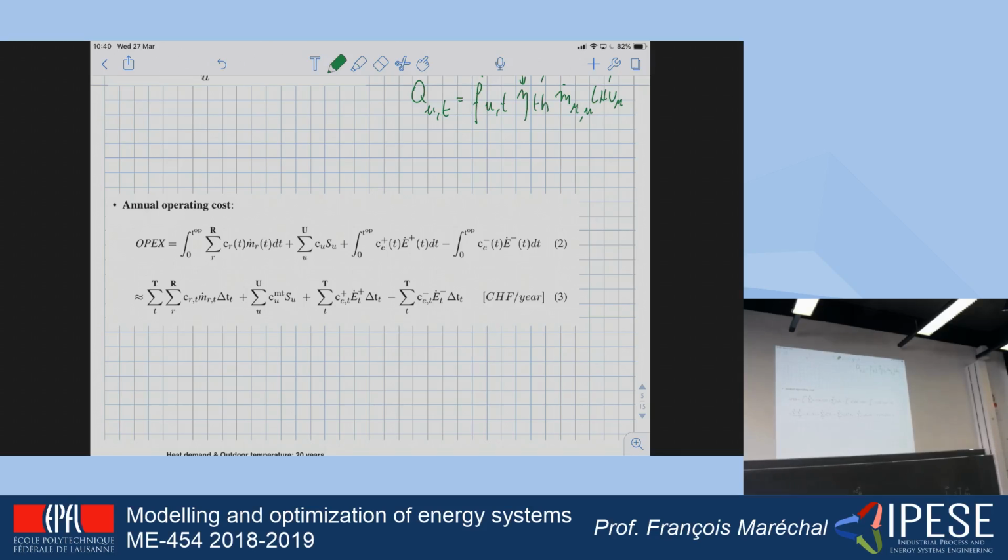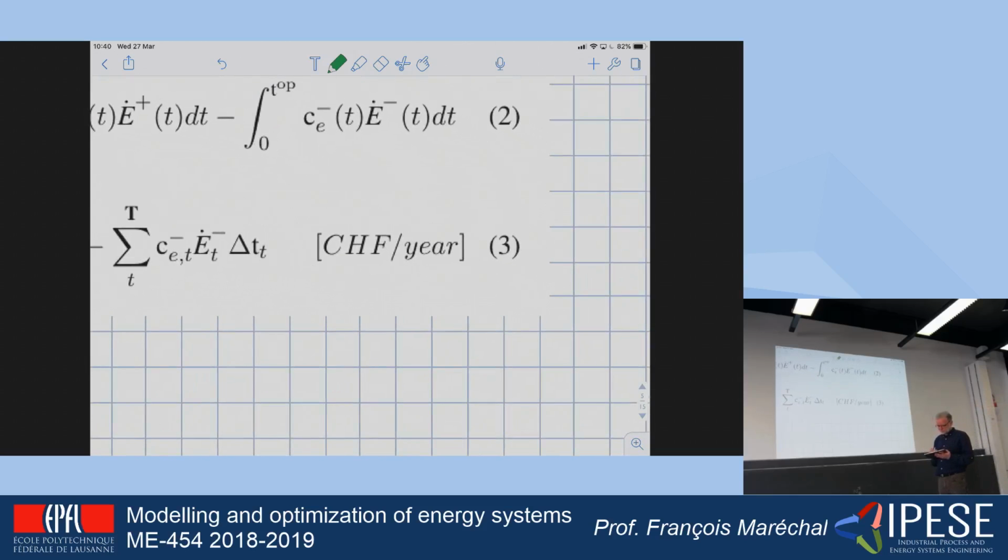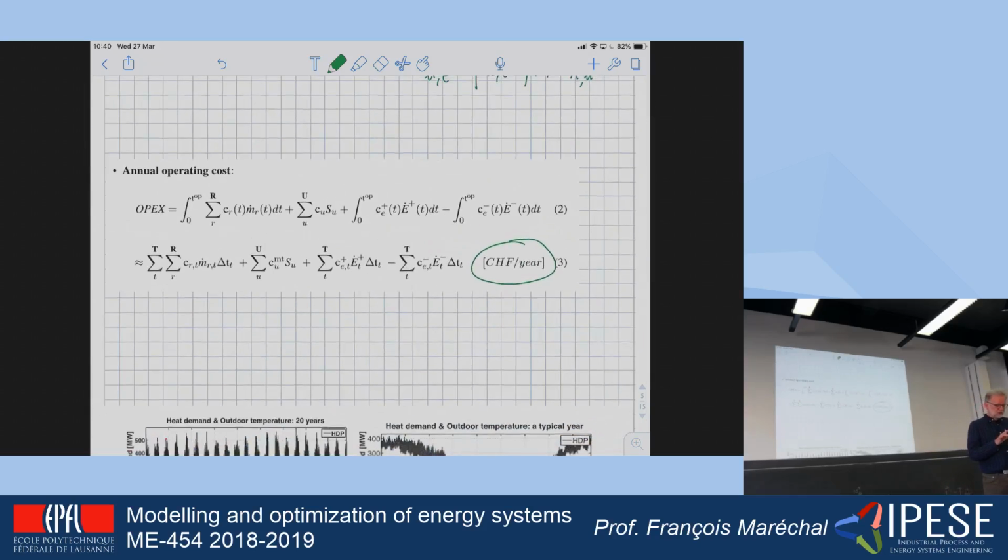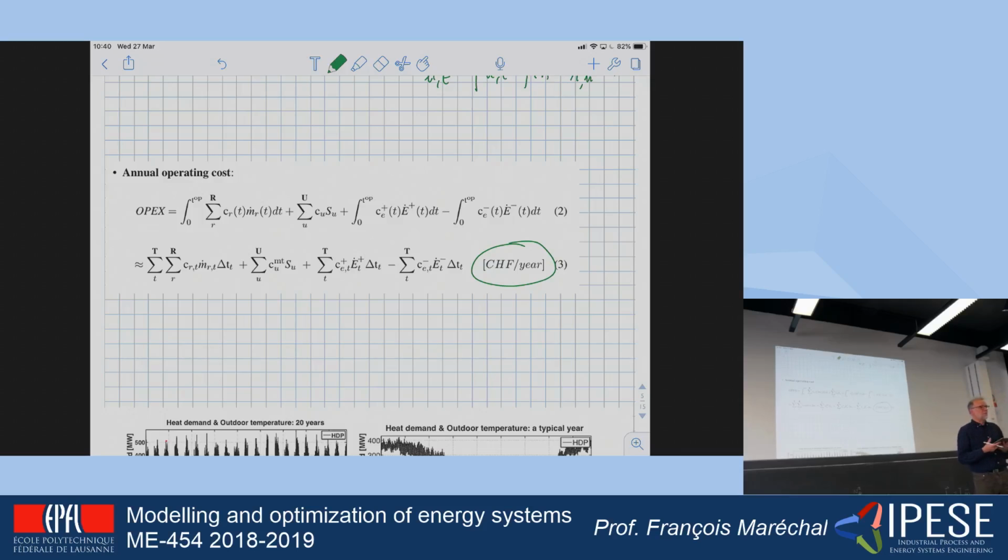Which then allows me to estimate the cost, in Swiss francs per year, of 1 year of operation as being made by the sum over the typical times.